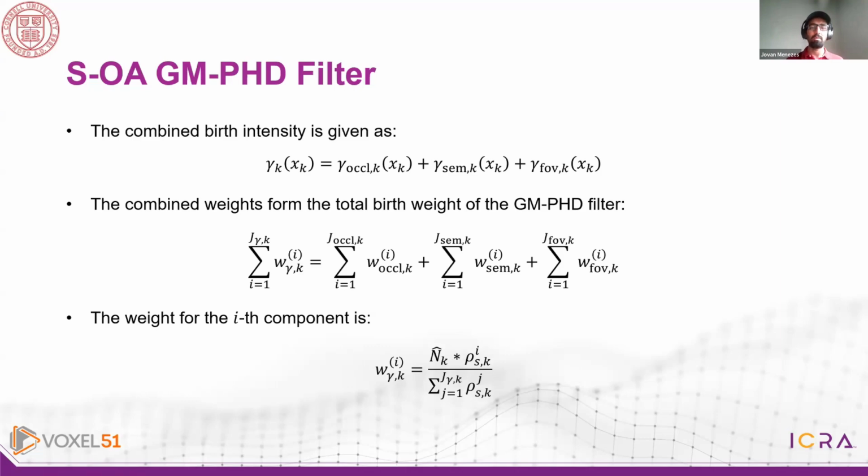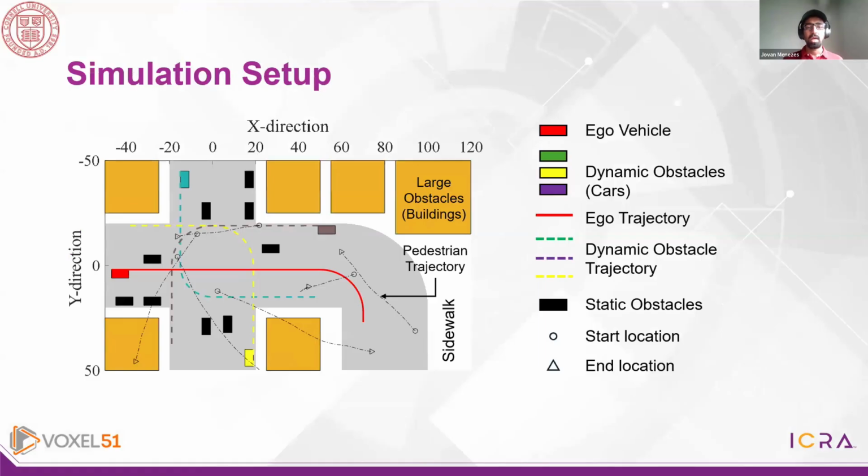For example, if for some application we would want to weigh occlusion terms more than semantic terms, or vice versa. By simply normalizing them, we get the weight of each component in the birth hypothesis, so the birth model of the PHD filter.